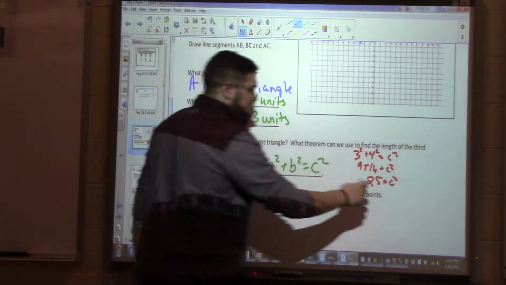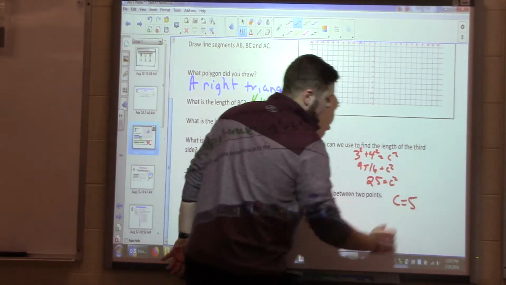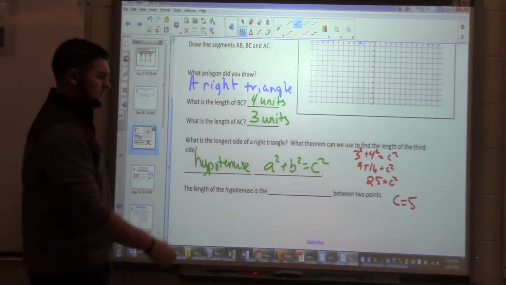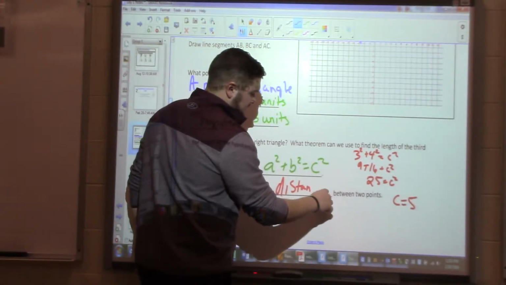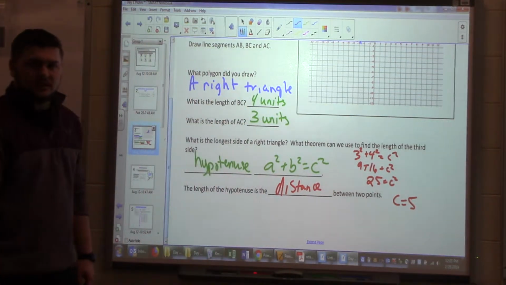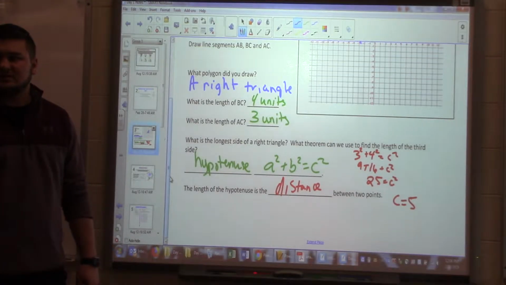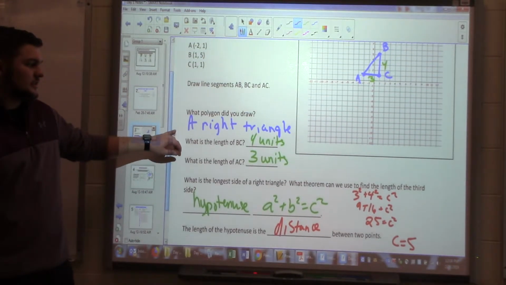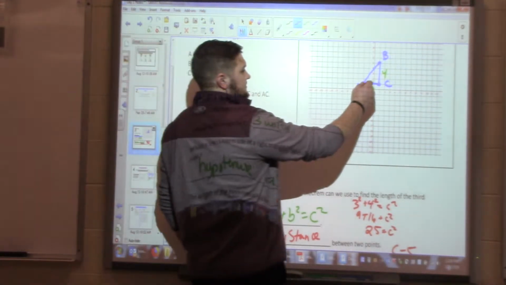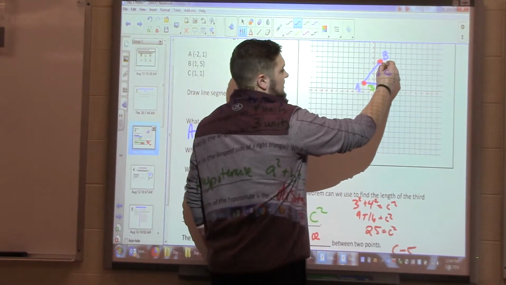Square root it, so we get C equals 5. Yep. So the length of the hypotenuse is the distance between 2 points. Why did I say it's the distance between 2 points? If we look, the distance between 2 points, A and B.